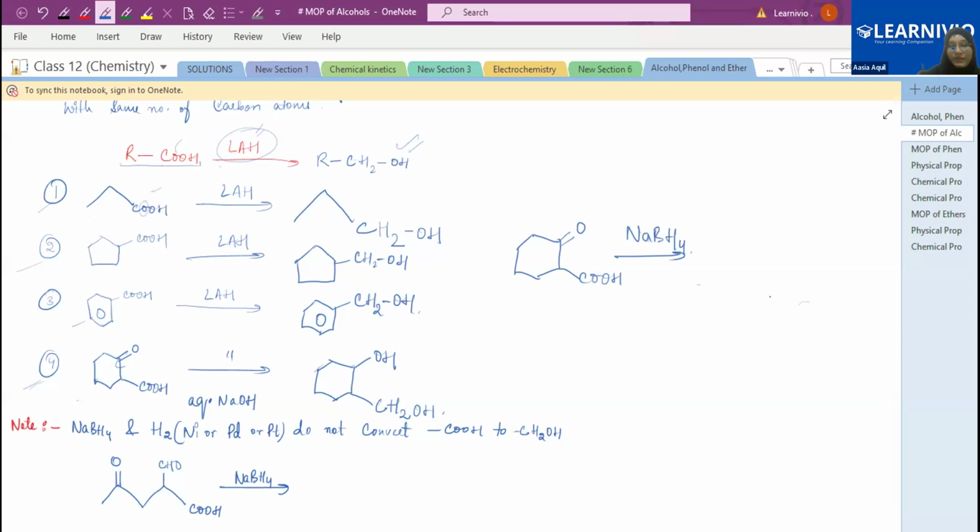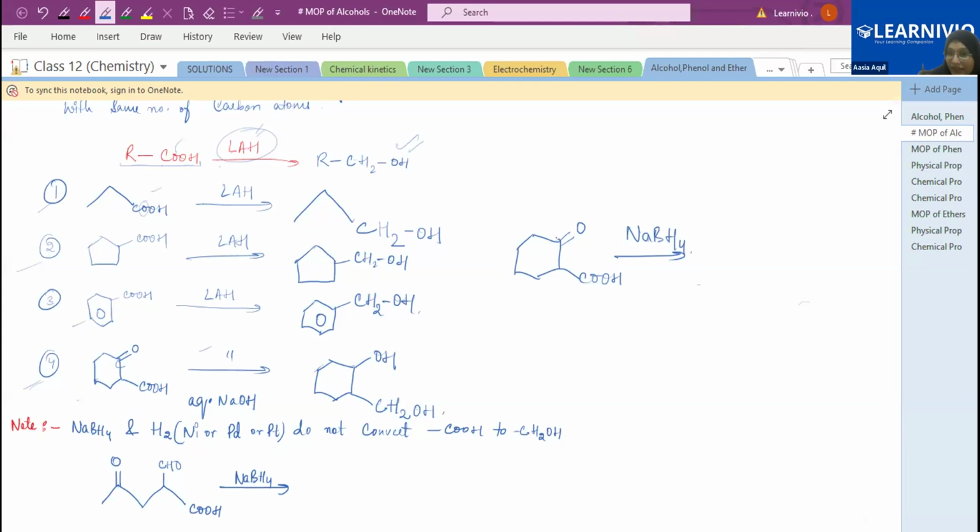Here we were using lithium aluminium hydride, which is a strong reducing agent. It will reduce each and every group, whether it's aldehyde, ketone, carboxylic acid, ester, anything. But sodium borohydride will reduce only carbonyl compounds, aldehyde and ketone. So what will be the product in this case?